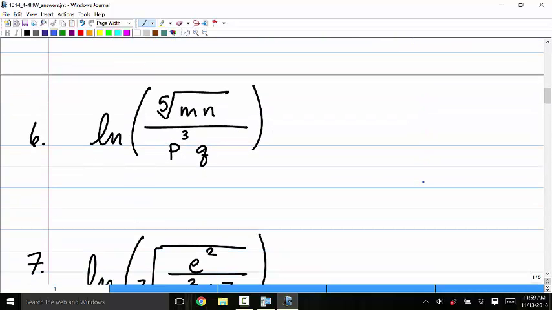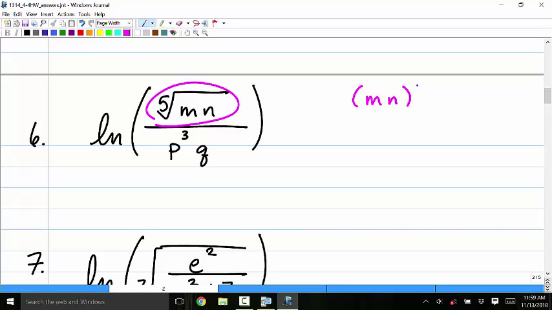Number 6. Do you see that the 5th root of m times n can be written as mn to the 1/5, which is the same as writing m to the 1/5 times n to the 1/5, yes?